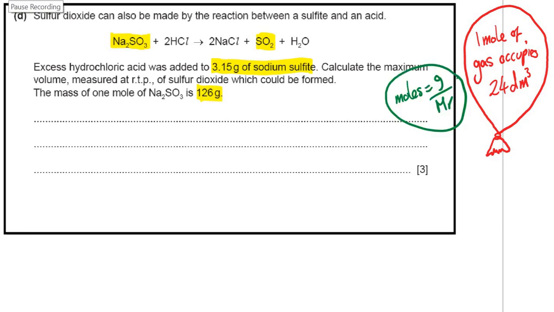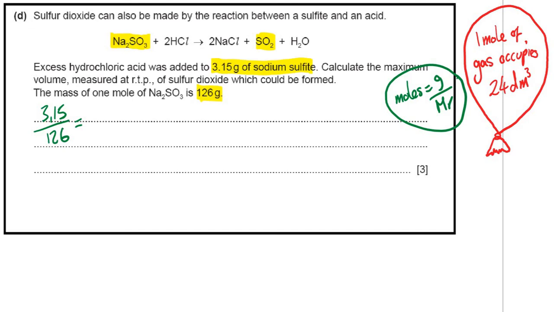So you can see here I've reminded myself of the important bits of information I need to solve this problem. We've got 3 marks here. So moles equals grams over MR. So we've got grams, we've got 3.15, we've got MR. If you don't know what to do, and you can't do anything more, just always work out moles.